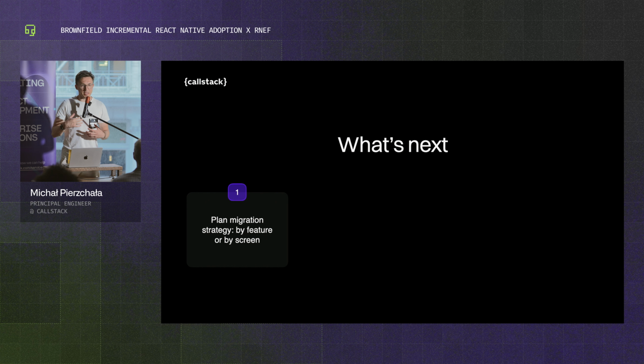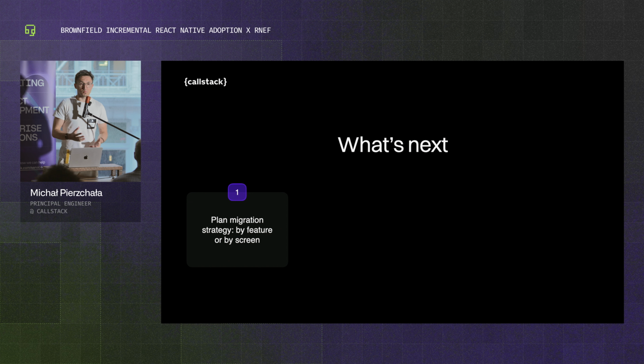And that's just the start, because from now on, we will need to decide on the migration path, whether to convert our app screen by screen or feature by feature. Because usually what big companies don't want to do is to stop the world, like have a feature freeze for half a year or so and just work on the new app. No one is doing that. And if they're doing it, they're usually failing.